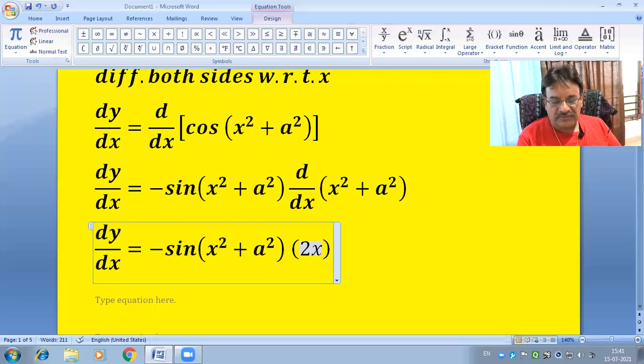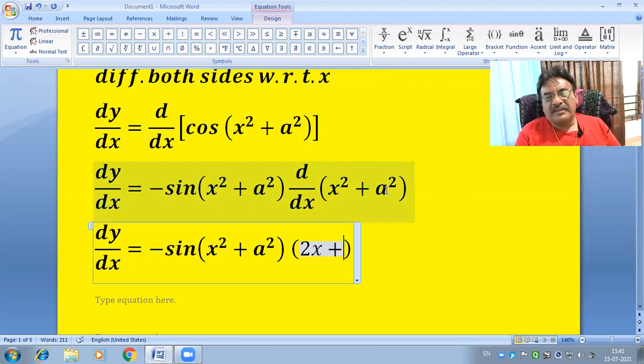Plus d by dx of a square. Here a is a constant, therefore a square is a constant. Because we know that d by dx of k equals 0, where k is a constant, d by dx of a square is equal to 0.